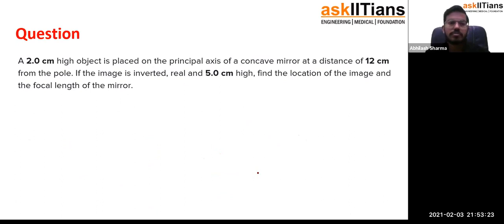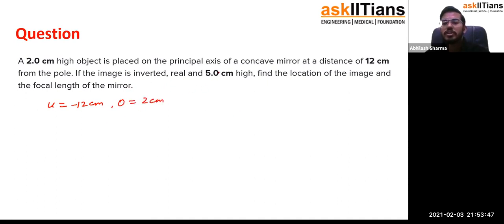Next question. A 2 centimeter high object is placed on the principal axis of a concave mirror at a distance of 12. So u is given to us, negative 12. And the object height is also given. Object height is 2 centimeter, positive.